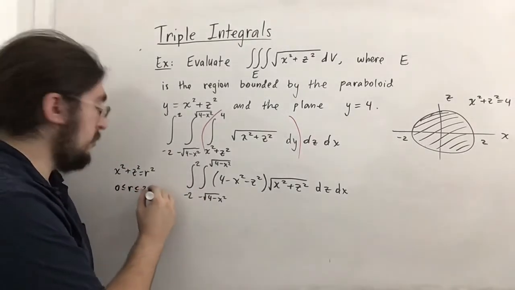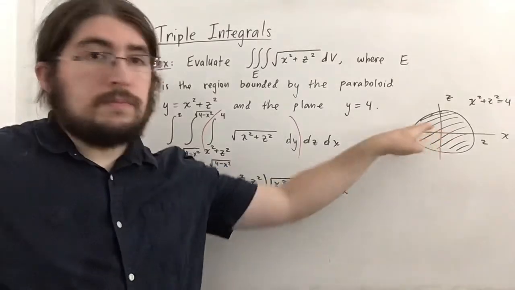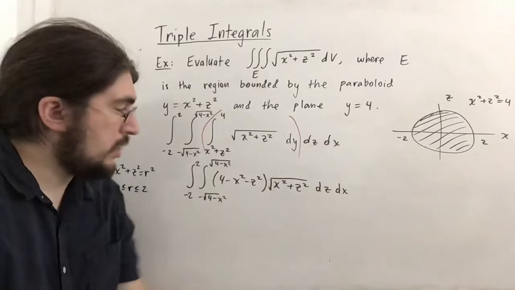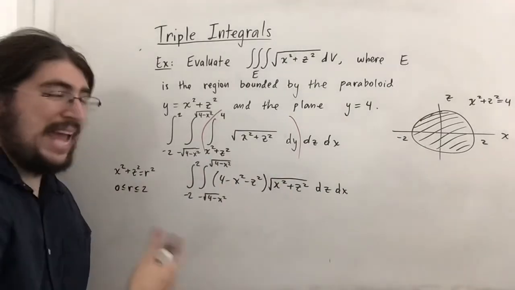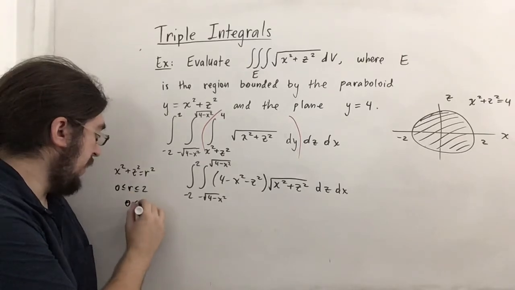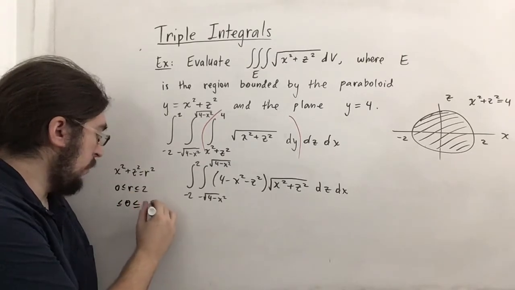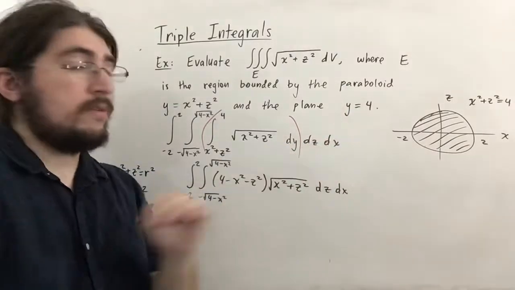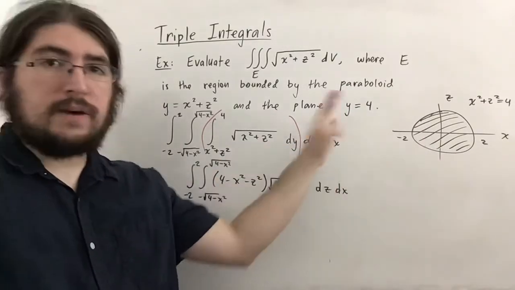Because if r goes from 0 to 2, then the circles will actually cover all of this solid region here. But now as far as the angle goes, angle theta must go in between 0 and 2 pi in polar coordinates in order for us to cover the whole region. From 0 to 2 pi covers the whole region.